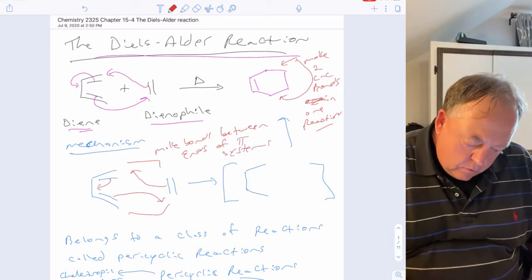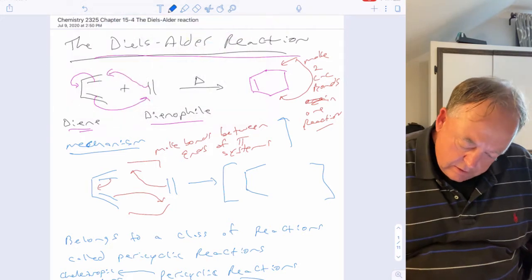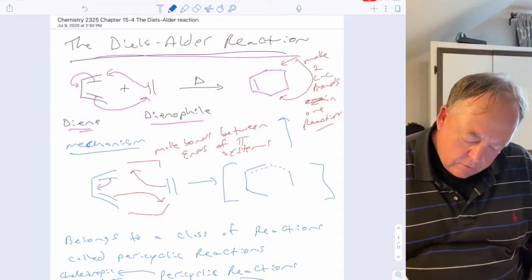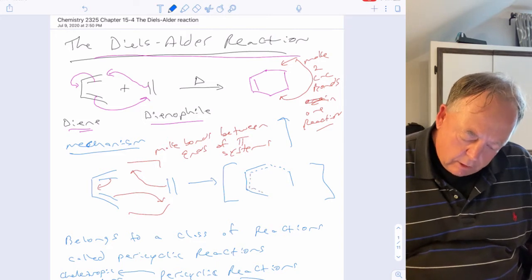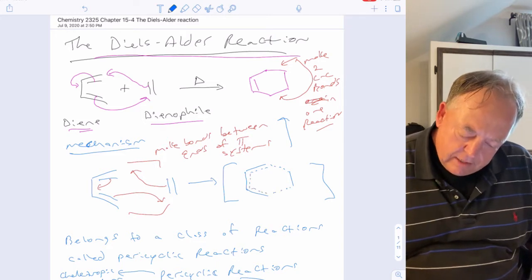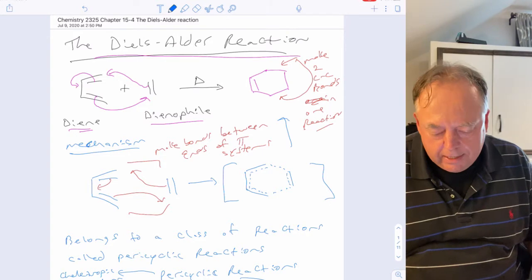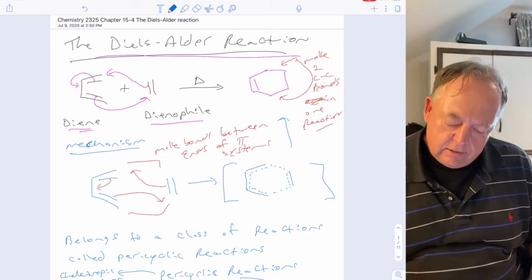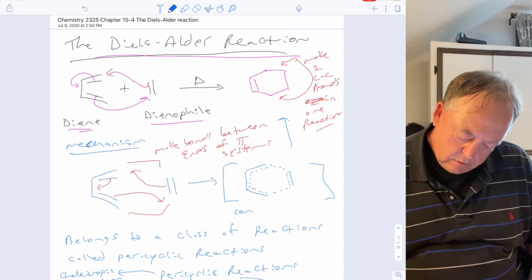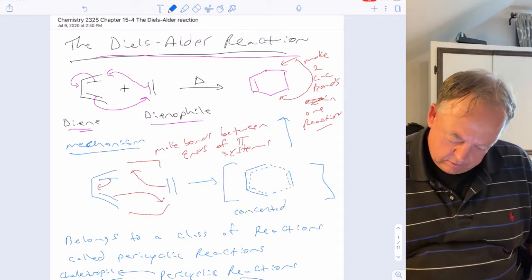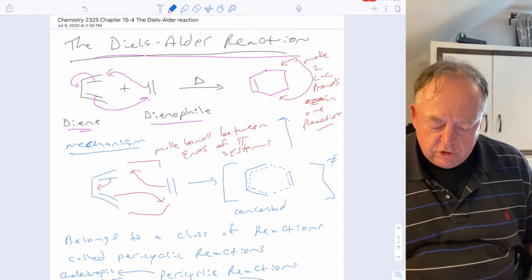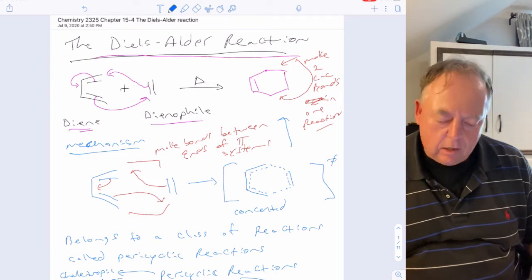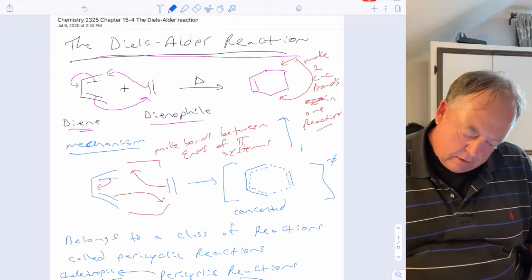Okay, so now we have, we're making that bond, we're breaking that double bond, we're making that double bond, we're breaking that double bond, we're making that bond, and we're breaking that double bond. So we're making and breaking 6 bonds all simultaneously. That's your transition state, making and breaking 6 bonds all at the same time. And then it goes on to product.